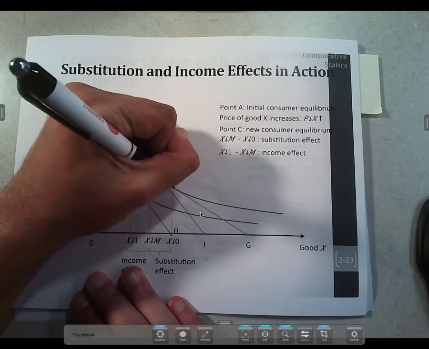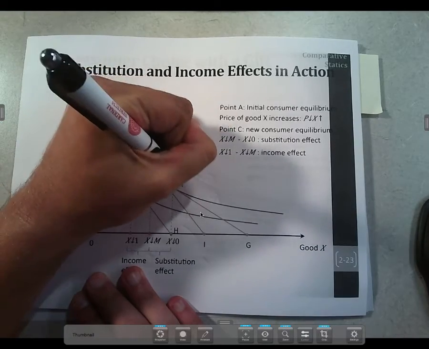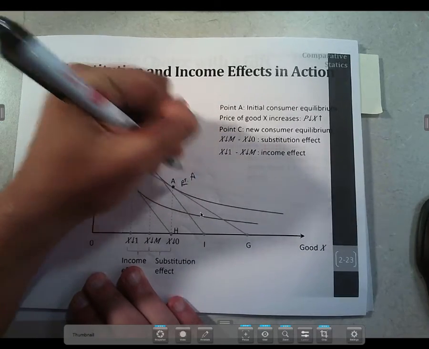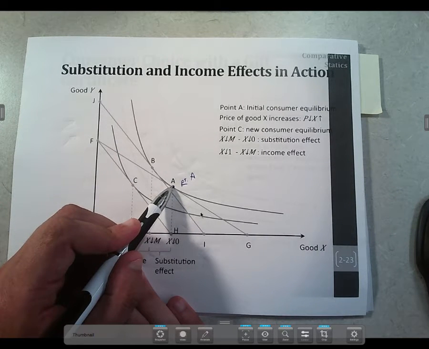Let's start at point A. That's my initial point of equilibrium. And then what if we reduce the price of good X?